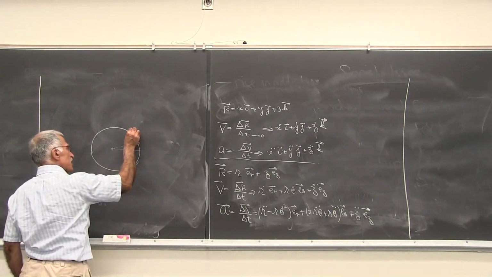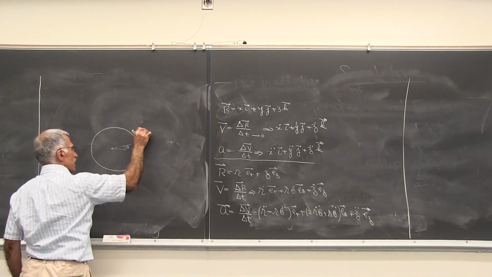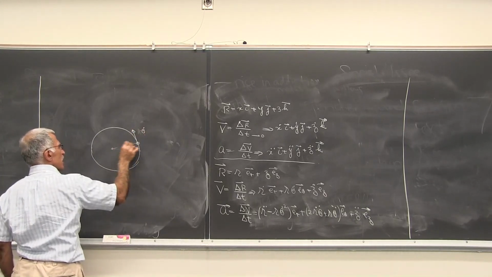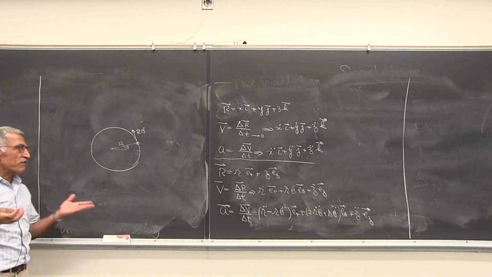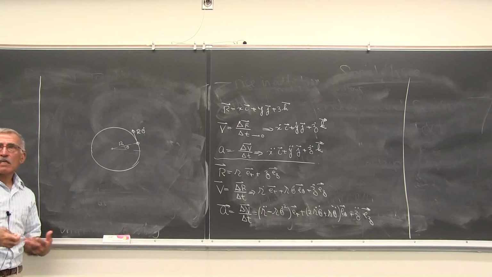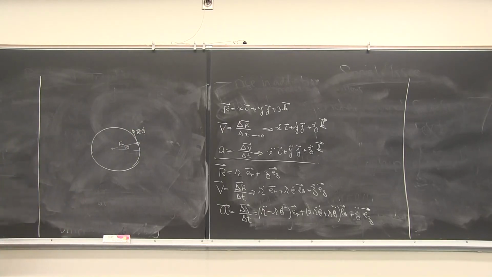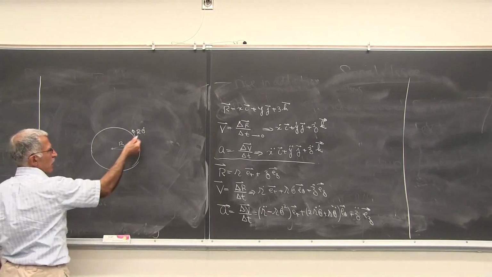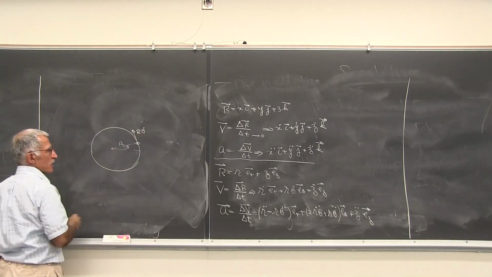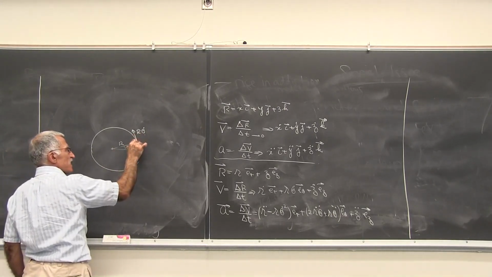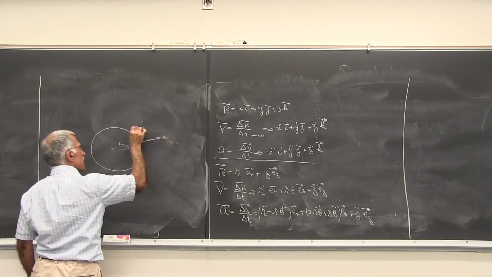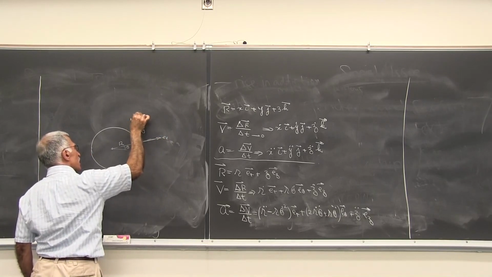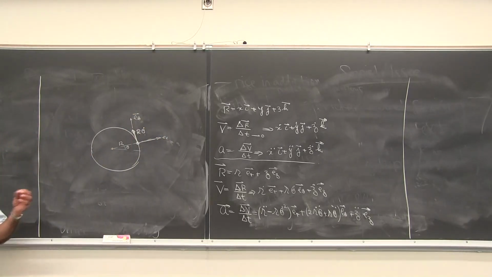So your velocity is in this direction only, r theta dot or r omega, and velocity is tangent to the path, because this is er and that's e theta, and the normal to the blackboard is called ez.